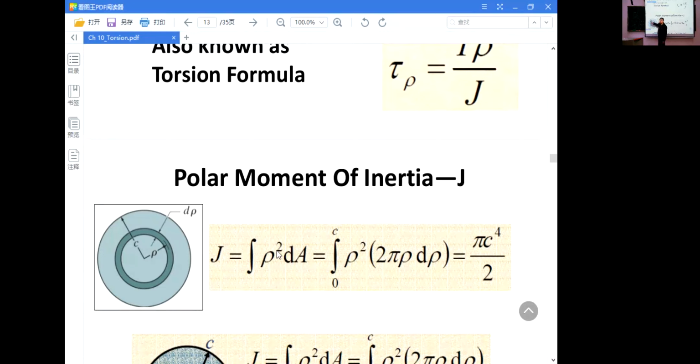The area dA is 2 pi rho times d rho. The integration gives half pi c to the power 4.